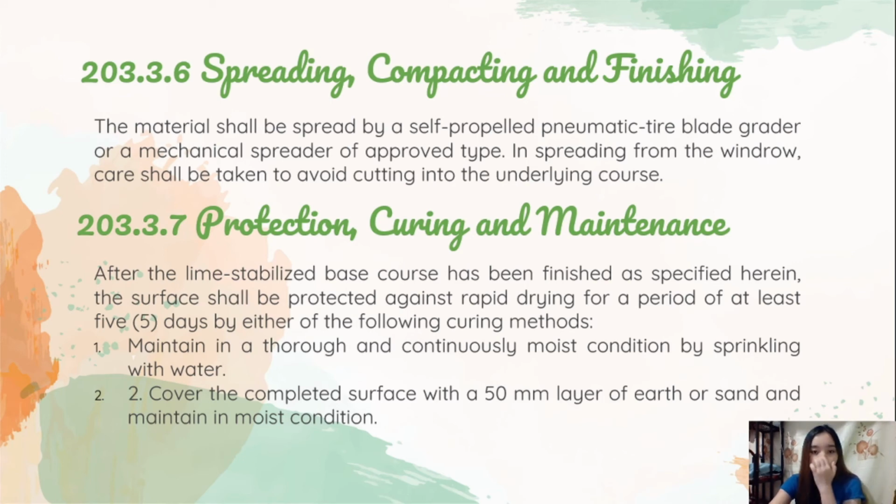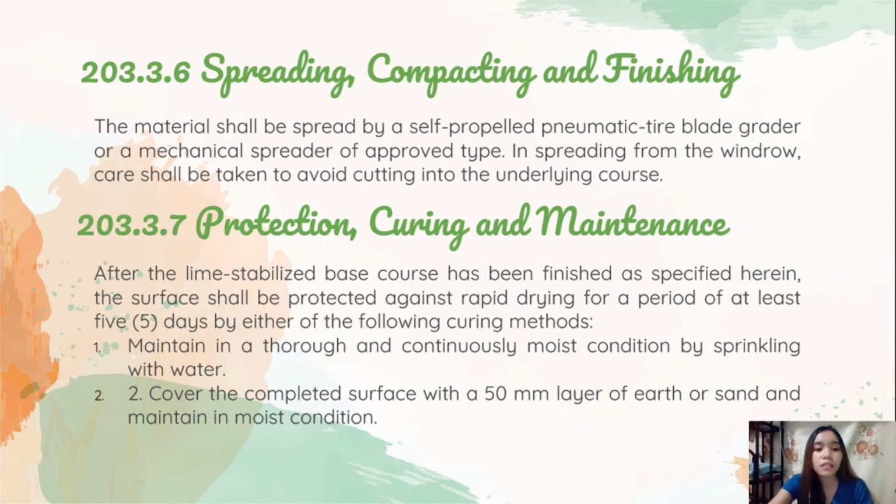The next is the protection, the curing, and the maintenance. Then after the lime stabilized base course has been finished as specified herein, the surface shall be protected against rapid drying for a period of at least 5 days by either of the following curing methods. Number one is maintained in a thoroughly and continually moist condition by sprinkling water.